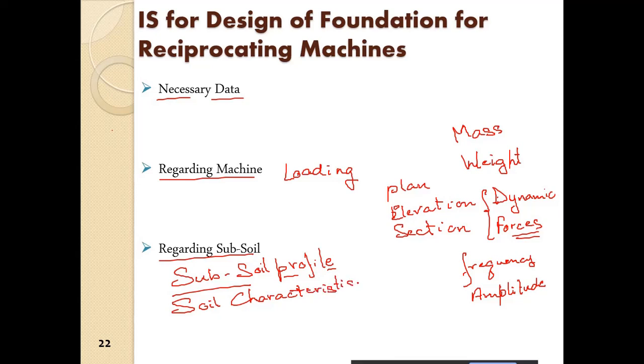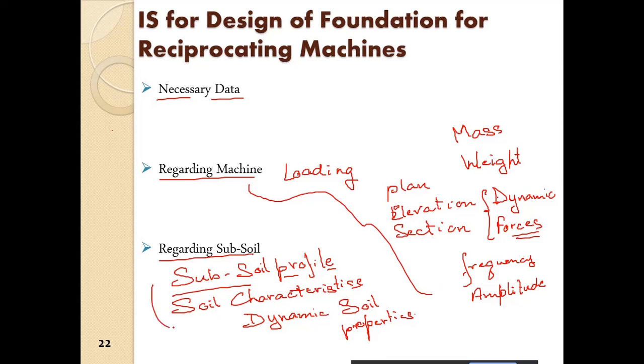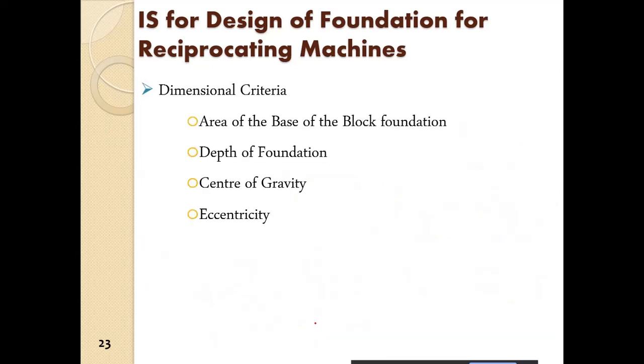Now apart from that, the other thing that we require is the dynamic properties of the soil. We will see one example today, how to assess the dynamic soil properties for use in the machine foundation design. So these are the data that is required regarding the machine and the subsoil profile.